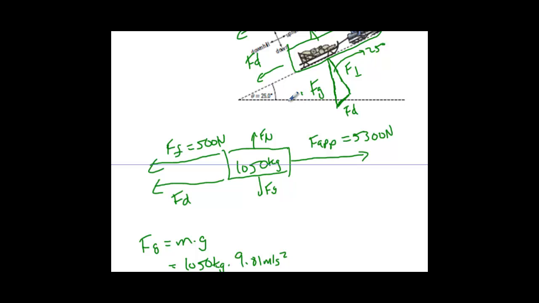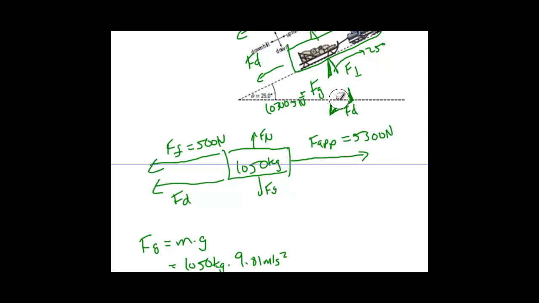So that was this guy right here. That's gravity acting, straight down. I didn't draw this very nicely, did I?